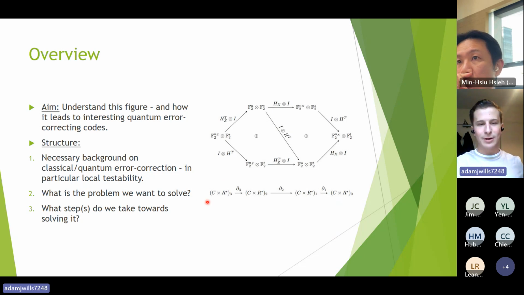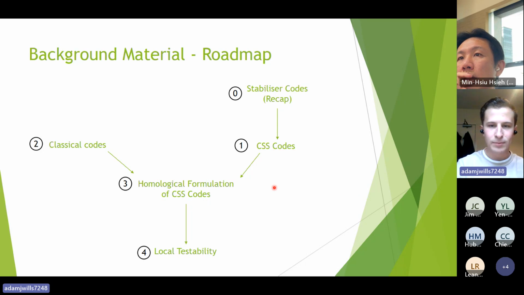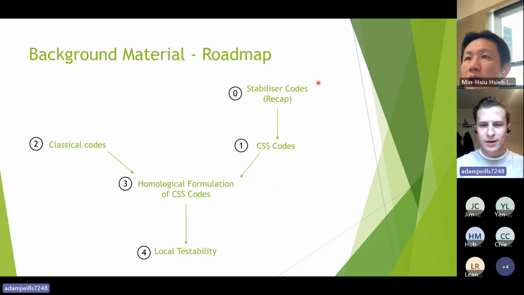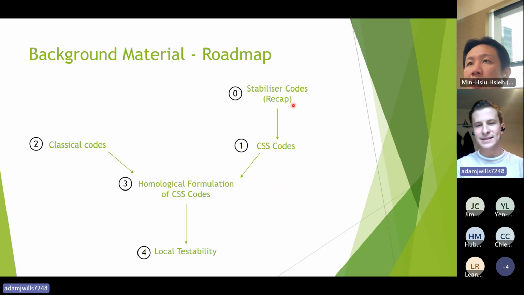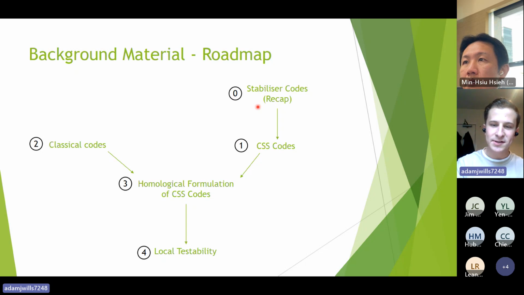As far as the background goes, this is the general roadmap. The only thing I'm taking as a prerequisite is stabilizer codes, although even that I'm going to recap, if only briefly. Stabilizer codes will lead us on to CSS codes, which are a quite simple special case of stabilizer codes.